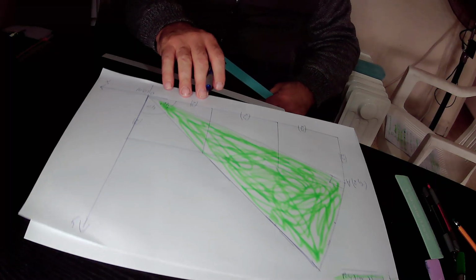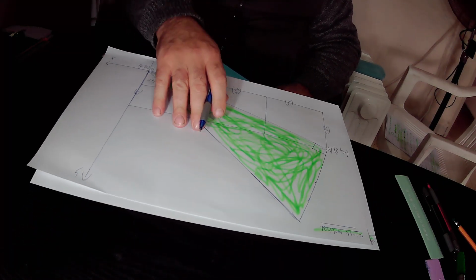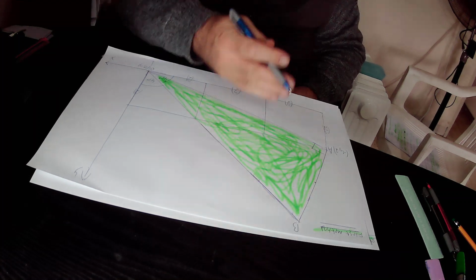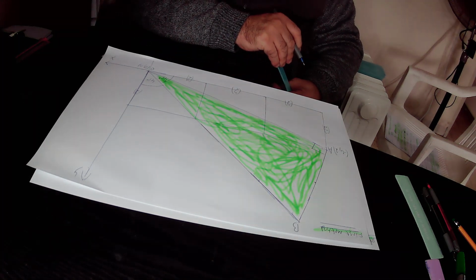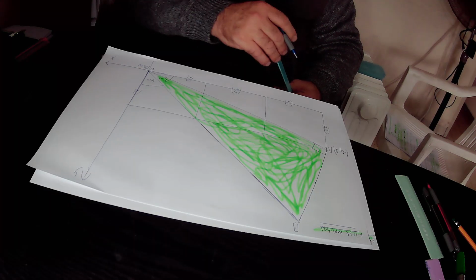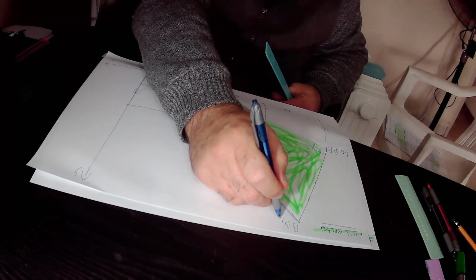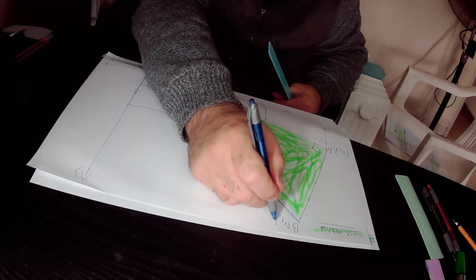Likewise, we define this point as point B. We don't know the coordinates of point B, so we define the x coordinate of point B as x1, and the y coordinate as y1.